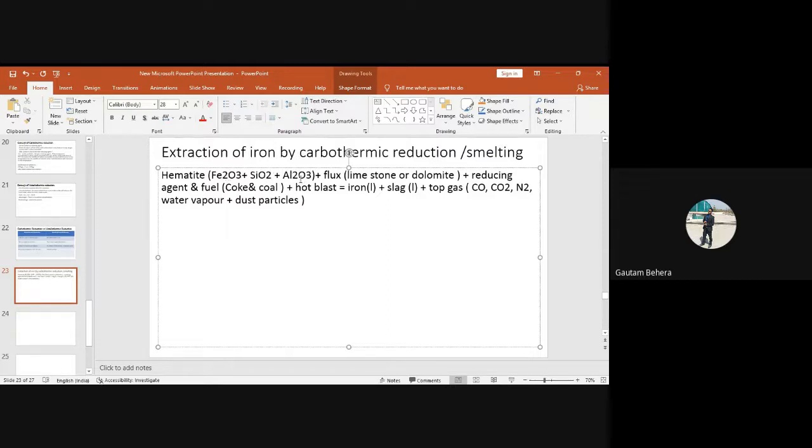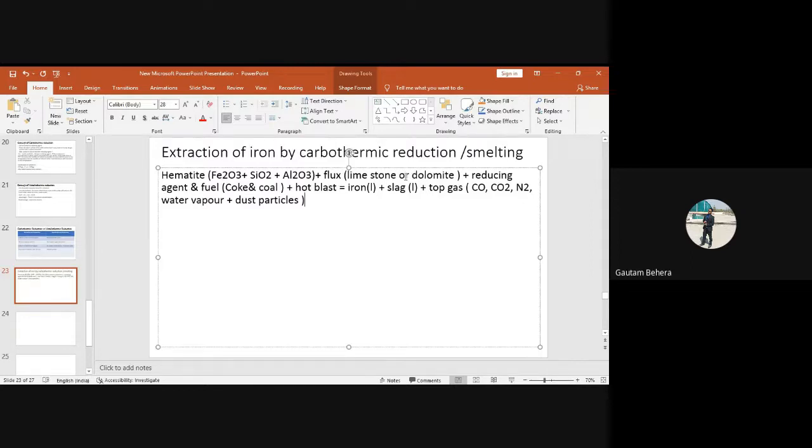So we need a flux: limestone or dolomite. Limestone is CaCO3, and dolomite is a combination of two carbonates, calcium carbonate and magnesium carbonate together, CaCO3·MgCO3.